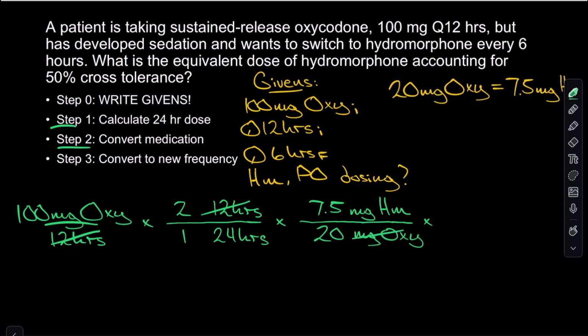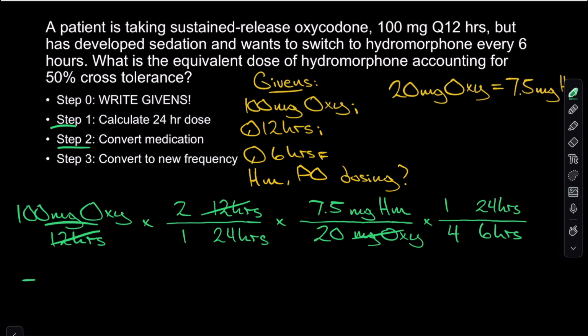So now we have milligrams of oxycodone per 24 hours, and we're converting from 24-hour units back down to every 6 hours. So one 24-hour unit is equivalent to 4 6-hour units.